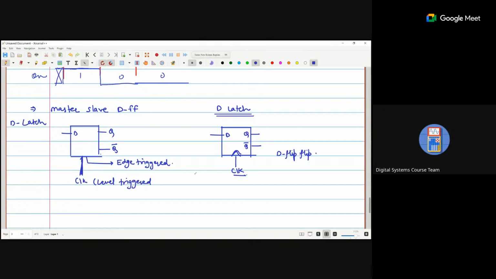Either it is an SR flip flop, so S and R. If it is a flip flop, this symbol is there; if it is a latch, it is just an S and R block. So don't be confused with that one. If there is no symbol, that means it is a latch. So it is an SR latch. That is an SR flip flop.